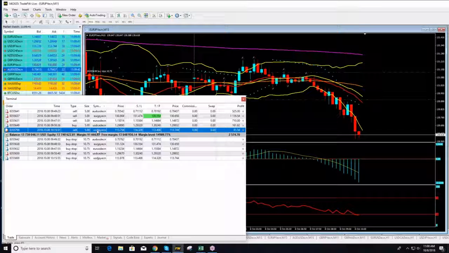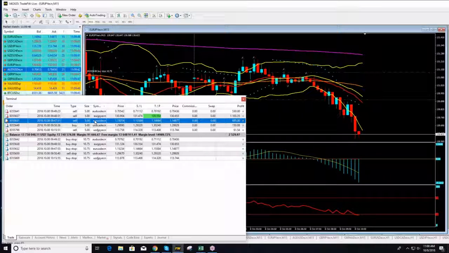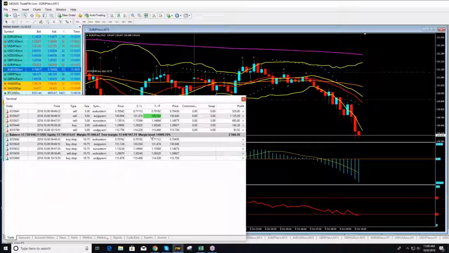And I have also placed 2 daily trend following trades: short Aussie dollar and short euro dollar. For euro dollar, many people are asking me about euro dollar. As a first step, I believe we will test the 114.50ish to 60ish area, and then we will see how it goes. So that's the current Forex update.